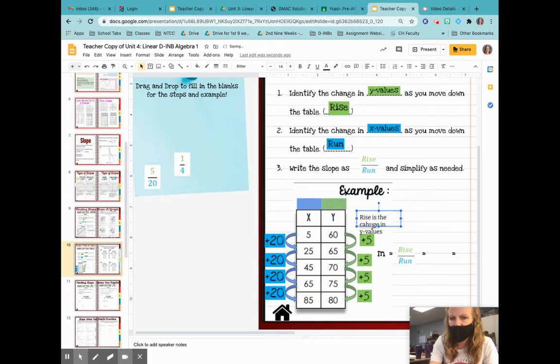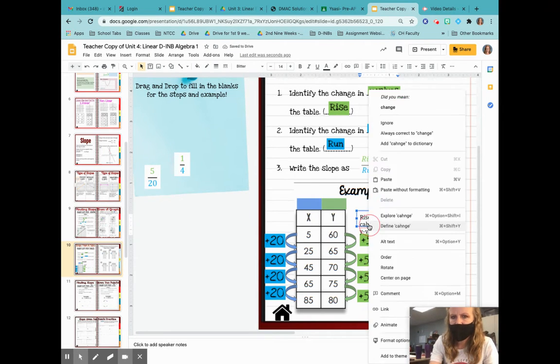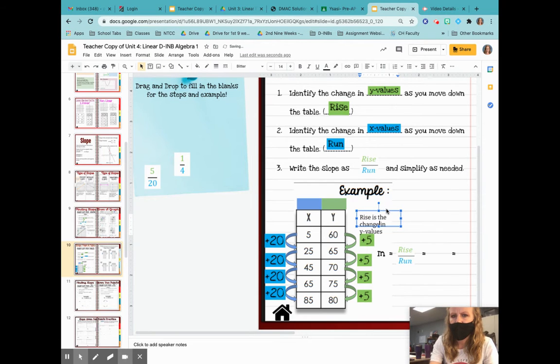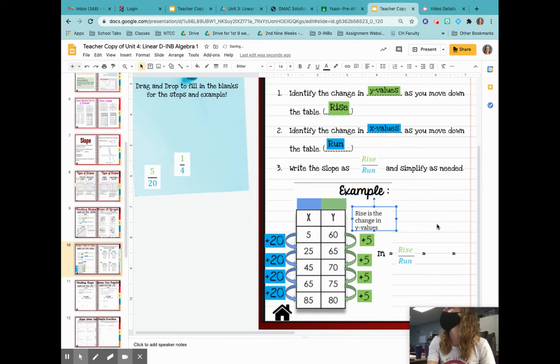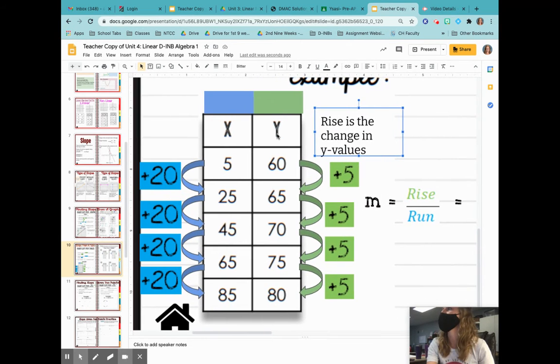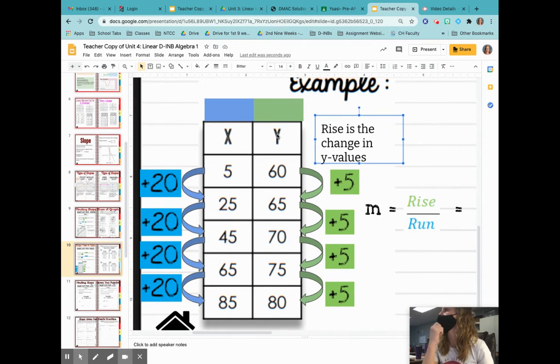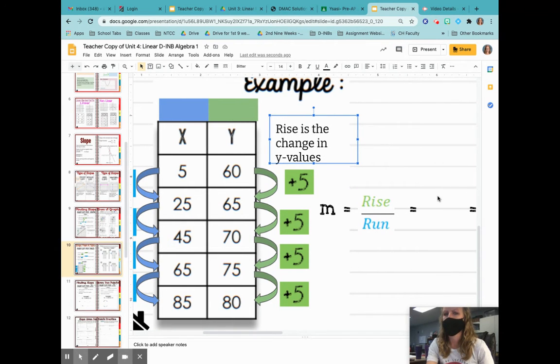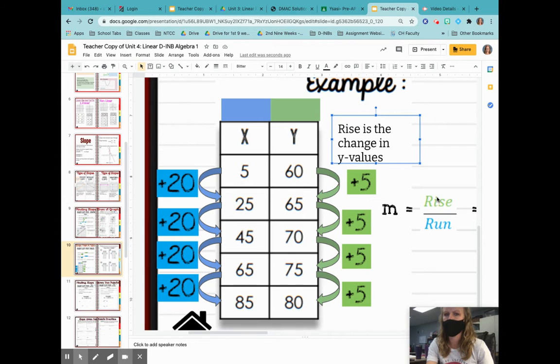Did not spell change, right? So then our rise will be 5 over our run. Let's make another little text box over here.